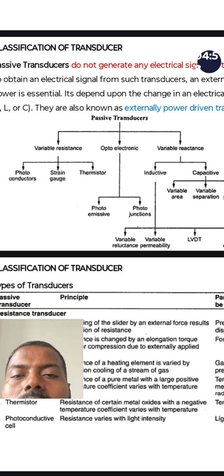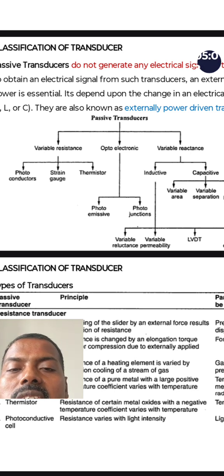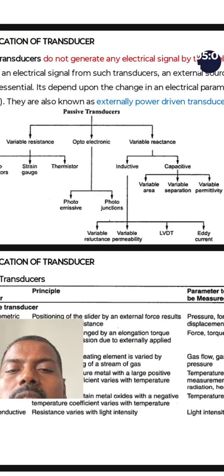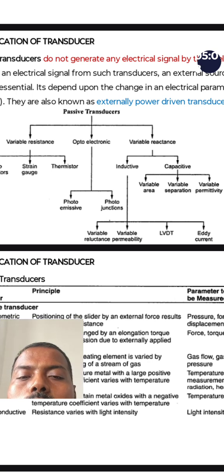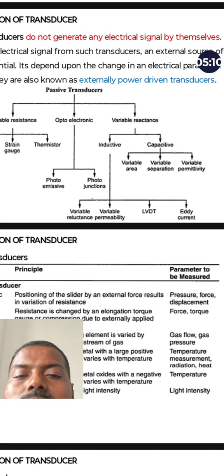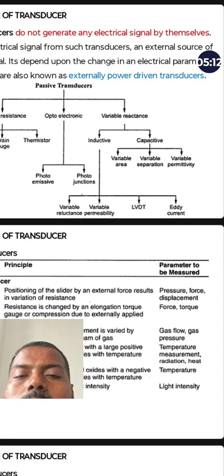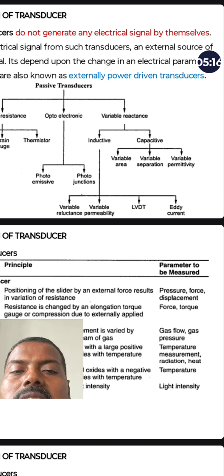The variable resistance type is again classified into photoconductor, strain gauge and thermistor. Optoelectronic is again classified into photoemissive and photojunction. Inductive is classified into four types: variable reluctance, variable permeability, LVDT and eddy current.